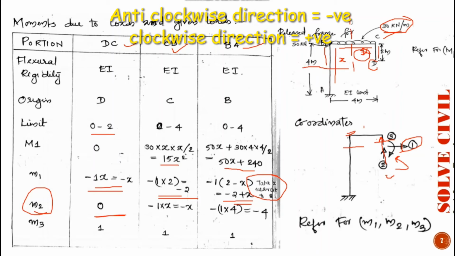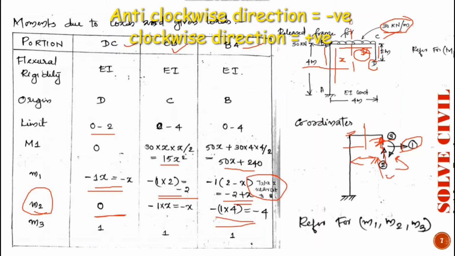And for the portion CB, the value will be minus 1 into x. And for the portion BA, it will be this reaction into this distance. So it will be minus 1 into 4, that is minus 4.